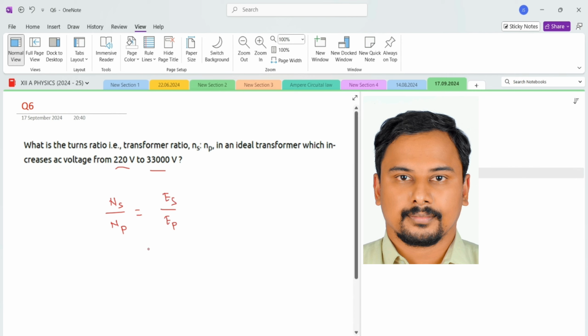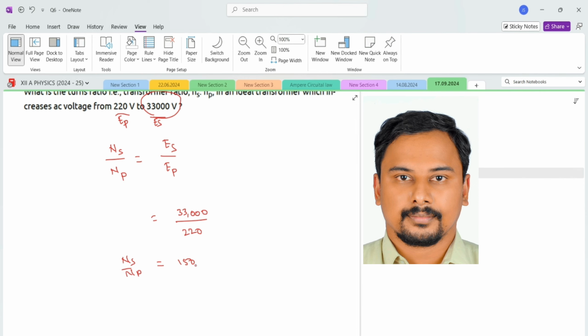So this is the actual relation. Directly you can use that relation: 3300 by 220. Simplify and use the calculator, you get 15. So Ns by Np, the ratio is 15 by 1. So this is the ratio that they ask.